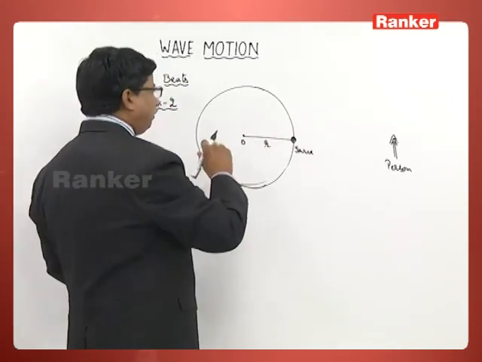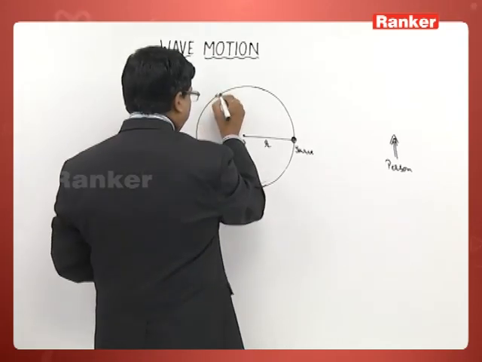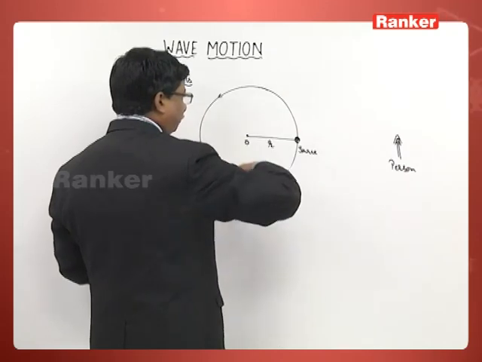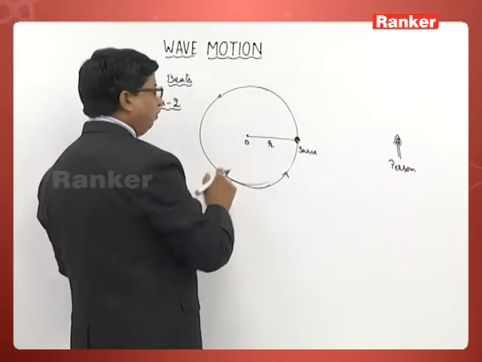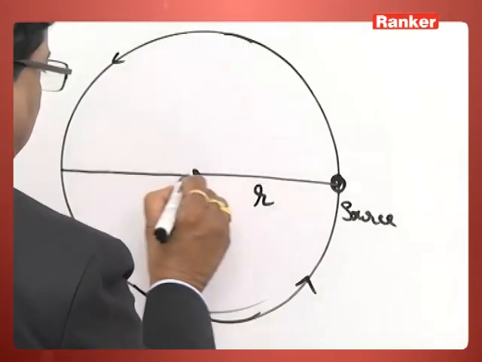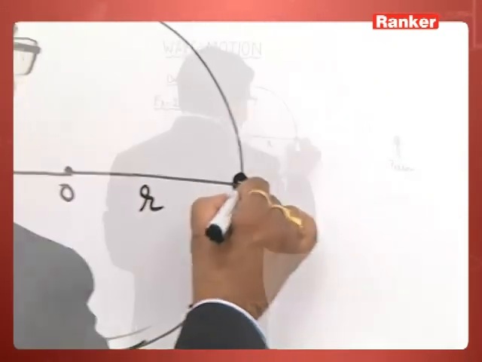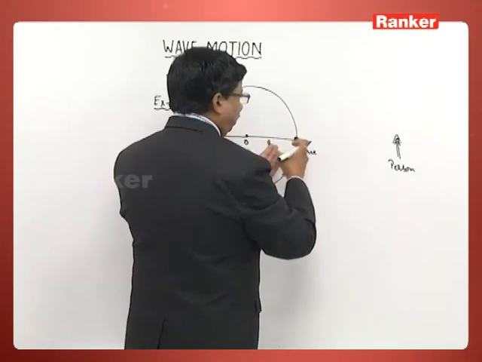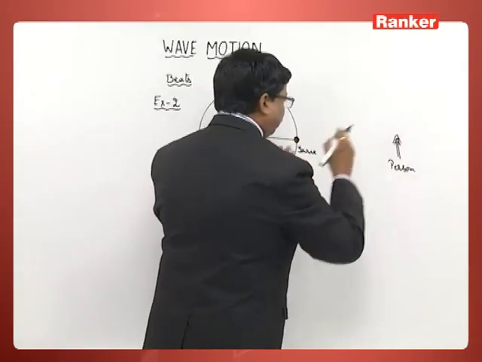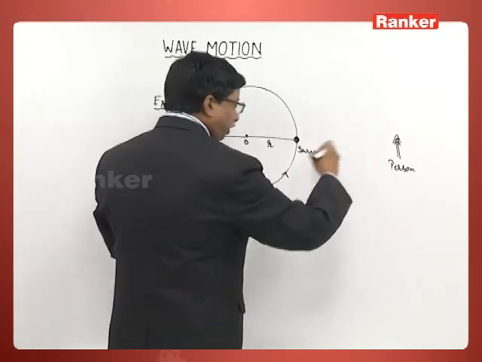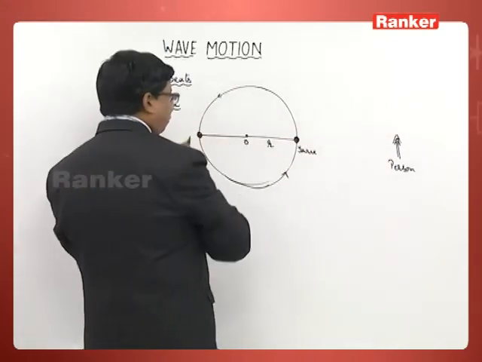One thing you can understand here is, suppose it is being whirled in the anti-clockwise direction like this. Usually what we think is, when the sound producing source is here, he can hear with maximum frequency, and when it is here, he can hear with minimum frequency.